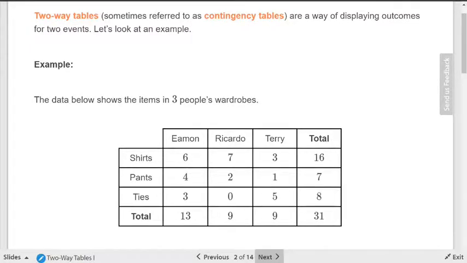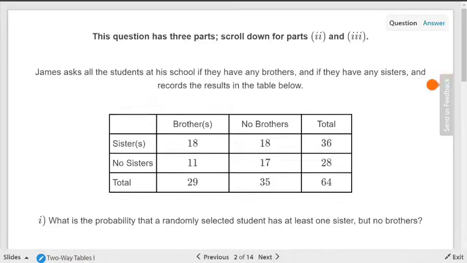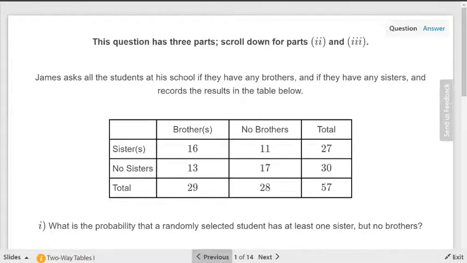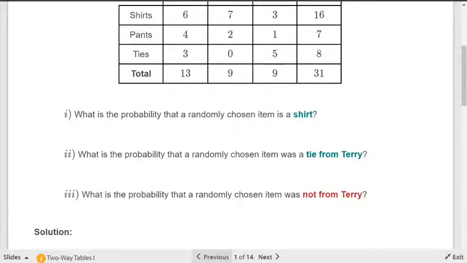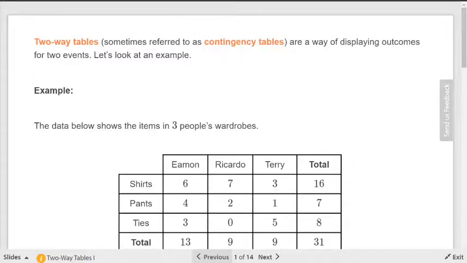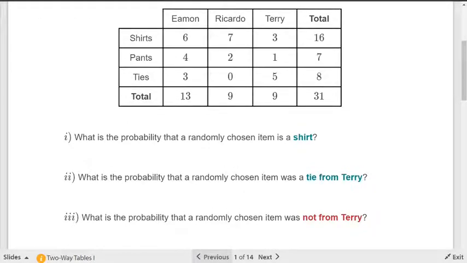Okay, so let's look at some probabilities. Let's see, did they give us some probability examples from that? I might have gone a little too fast. There we go. So what is the probability that a randomly chosen item is a shirt? So, are we limiting it to anyone's shirts in particular? No, just shirts. All shirts, right?